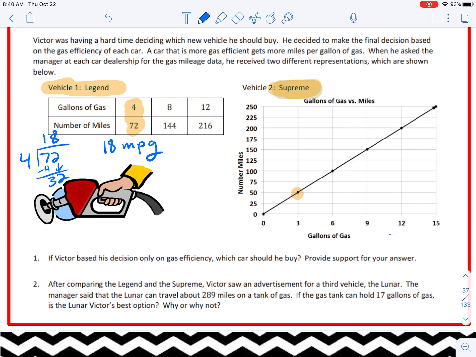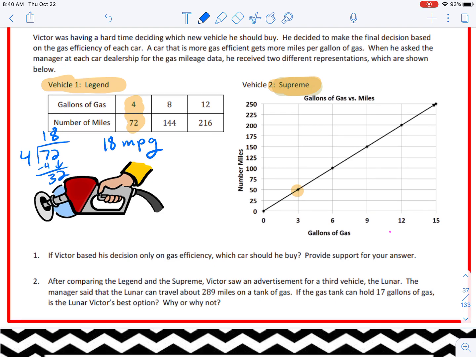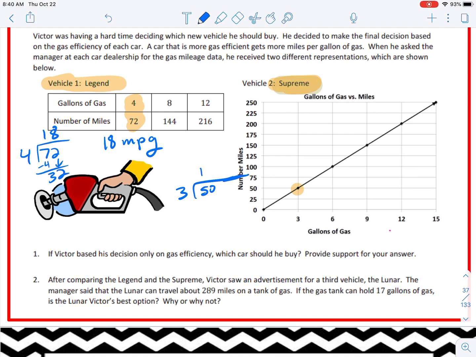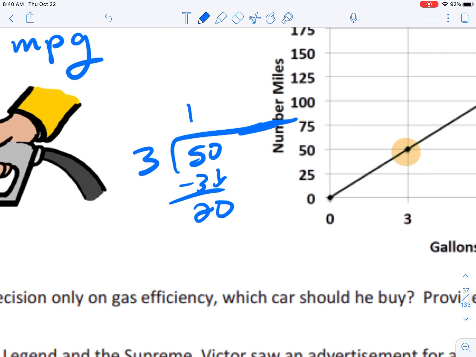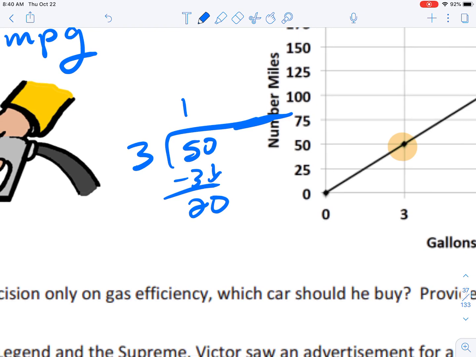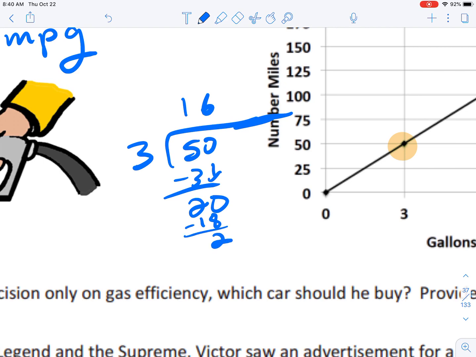Now, we need to look at the Supreme. With 3 gallons, it gets 50 miles. So we have to divide 50 by 3. 3 goes into 5 once. We take 3 away from 5 and get 2, bring down the 0 to make 20. 3 goes into 20 6 times. 6 times 3 is 18. We take that away from 20 and get 2.